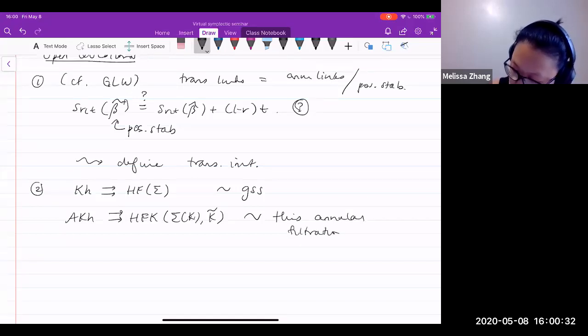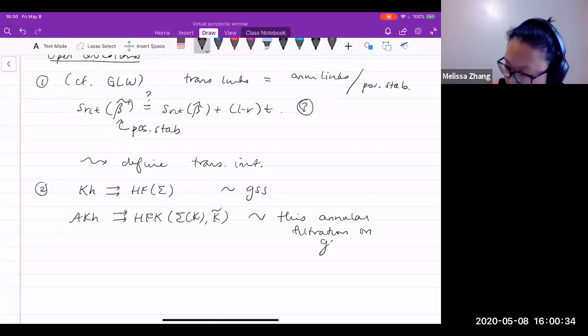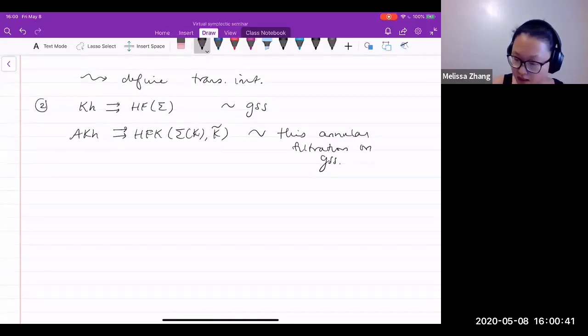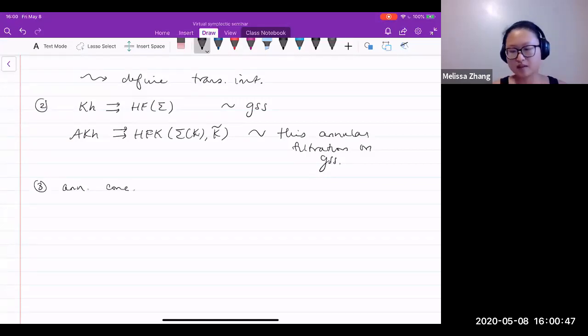So maybe this would come from the annular filtration on just the GSS portion of our technical lemma. And thirdly, of course, there are questions about just annular concordance. I won't talk about this too much, but roughly you can think about these things called satellite constructions.